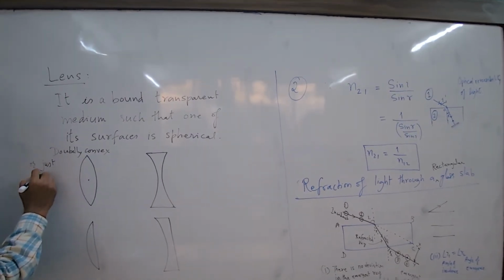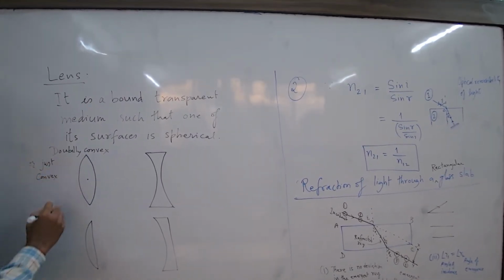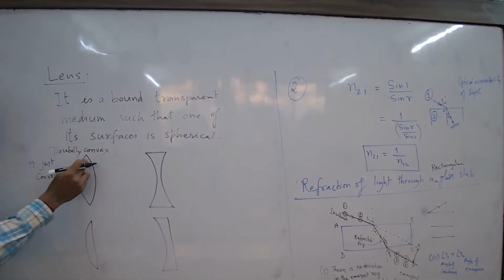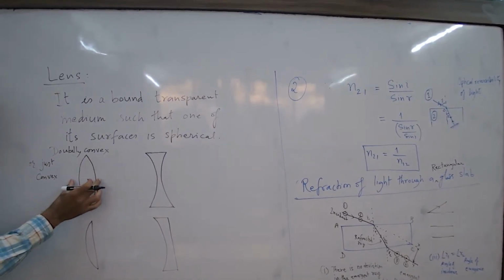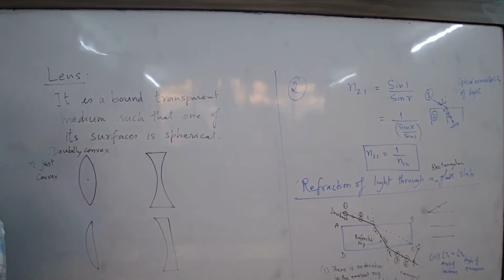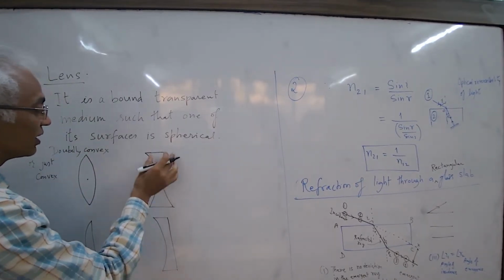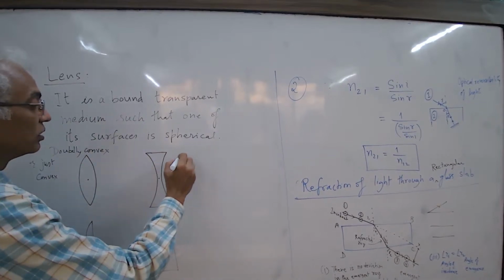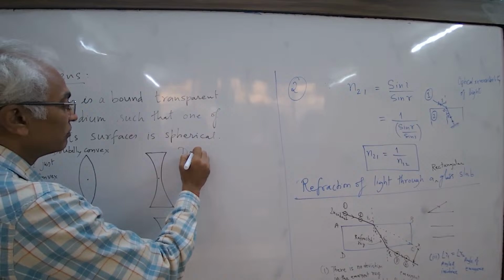So when you just mention convex, both its surfaces bulge out. Okay? So it is thinner at the edge and wider at the center. And in this case, it is wider at the edges and thinner at the center. And this is called doubly concave lens.